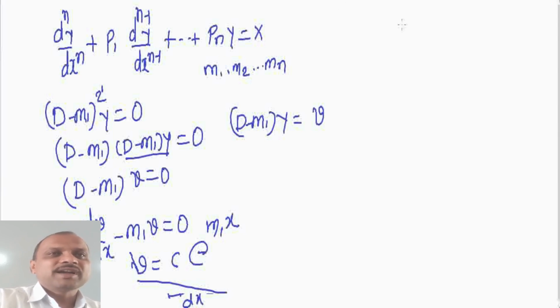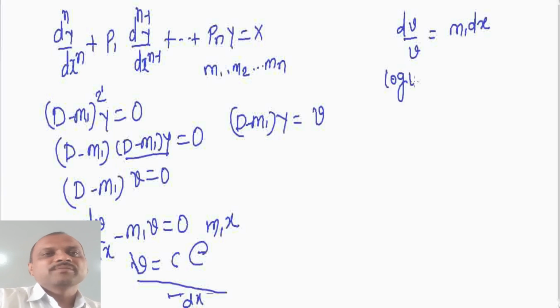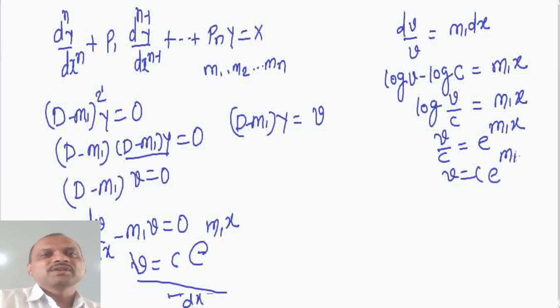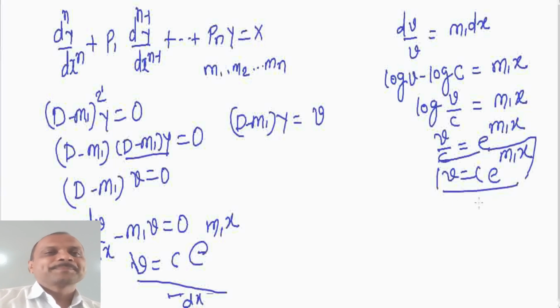We write it as dv divided by v equal to m1 dx. On integrating, log v minus log c equal to m1 x, so log of v by c equals m1 x. Taking exponential, we get v by c equal to e raised to m1 x, or v equal to c e raised to m1 x, where we have separated the variables. This is the solution of this differential equation.